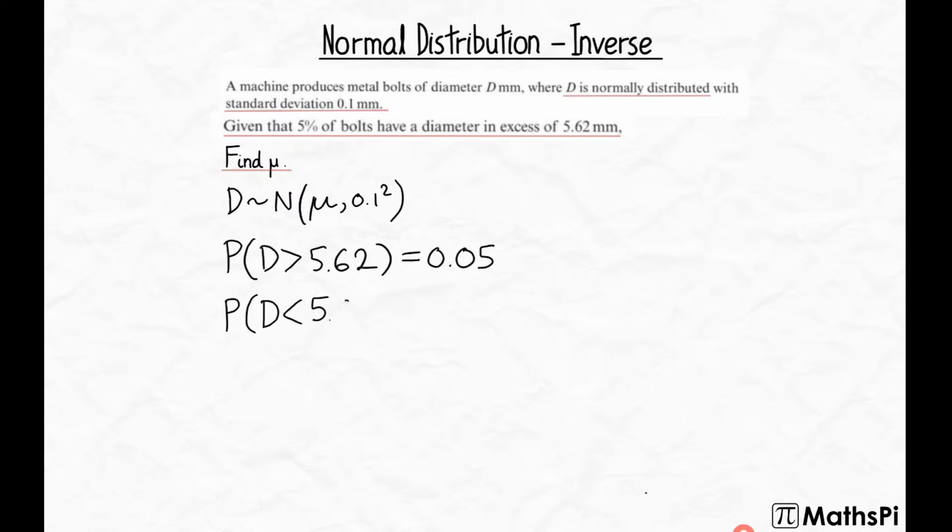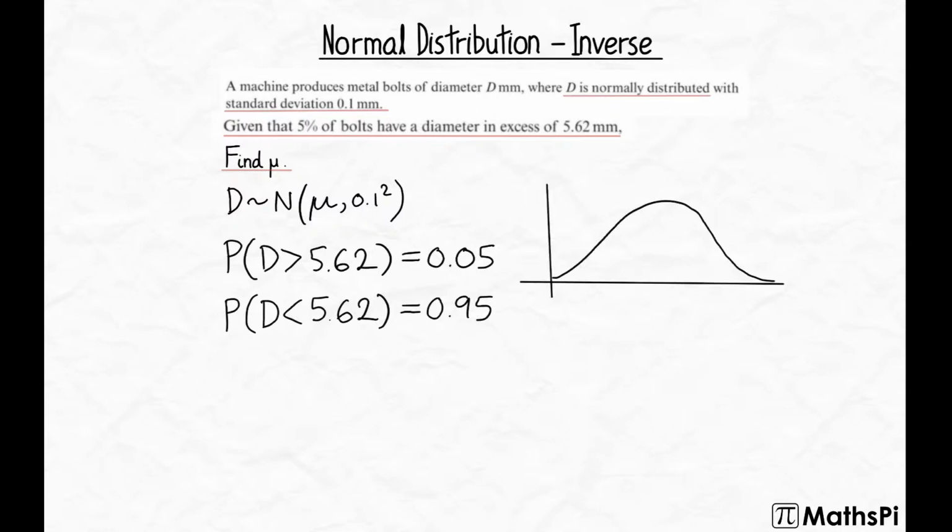So quite simply, you can change that to a less than, and the probability that will go here will just be 1 minus the probability here. So that's going to give us 0.95. I'll demonstrate that in terms of a diagram.